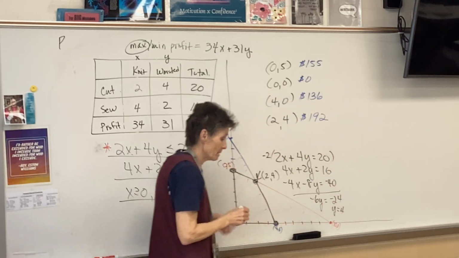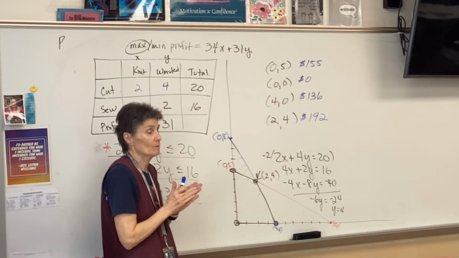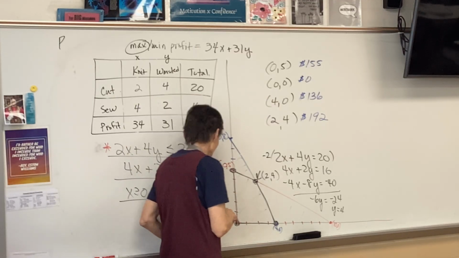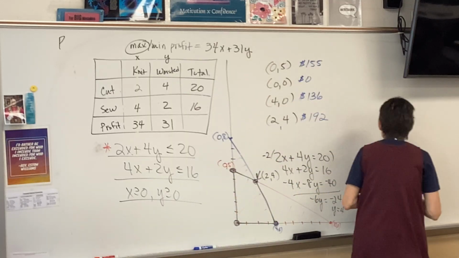Well, that makes it pretty clear then, doesn't it? What are we gonna tell this guy to do? The tailor should make 2 knitted suits and 4 worsted suits. Exactly.